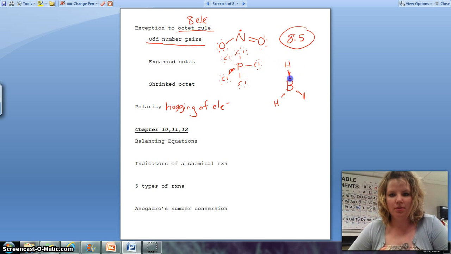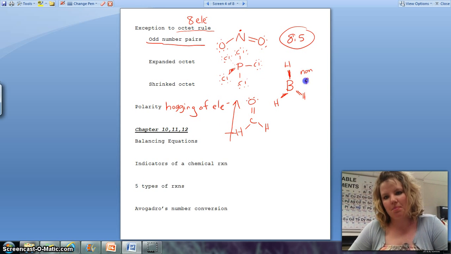Another one with a similar shape is this right here. Now this is definitely polar because it has a majority of its electrons up here in the oxygen. So this side would be a more negative side, where this one would be nonpolar.